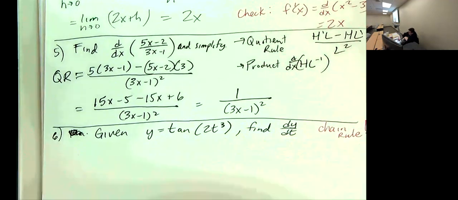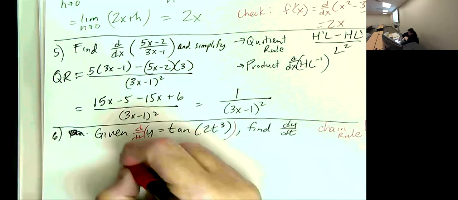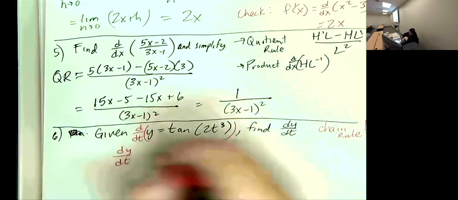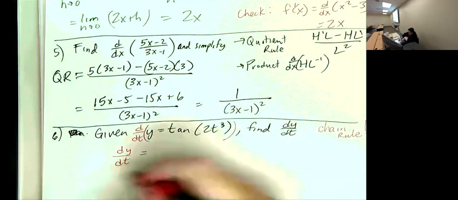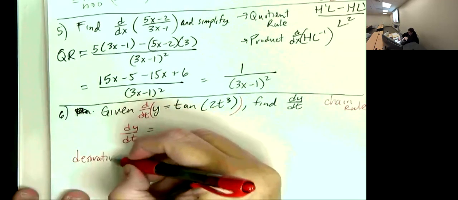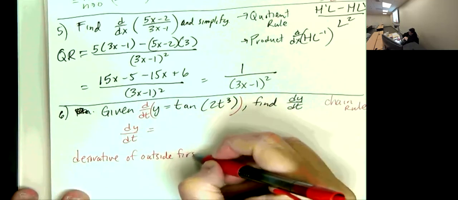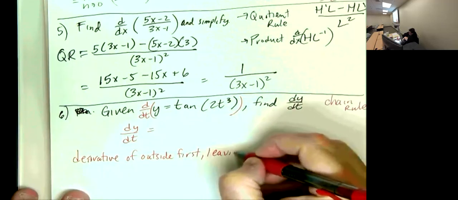So when we take the derivative with respect to time, we do the derivative of the outside first, leaving the inside alone.